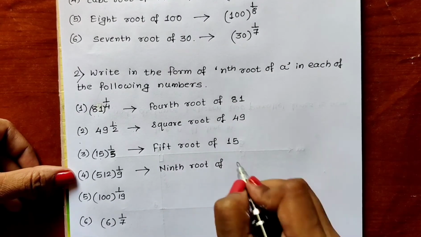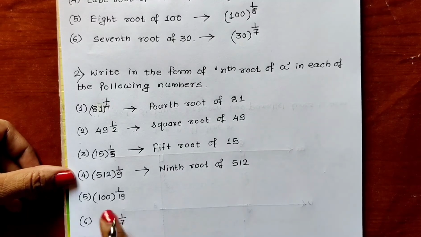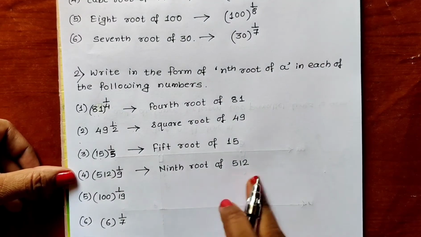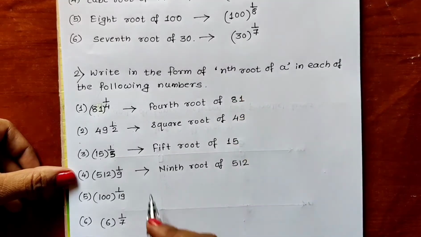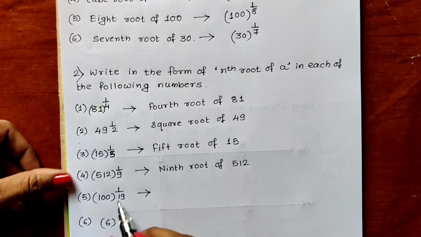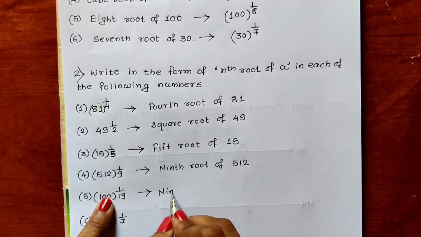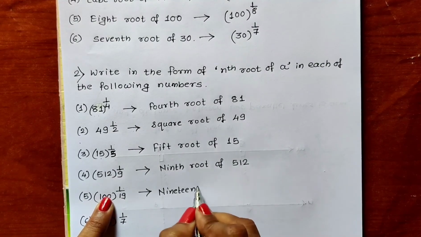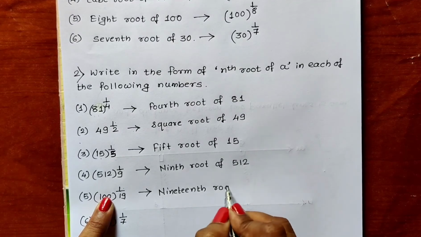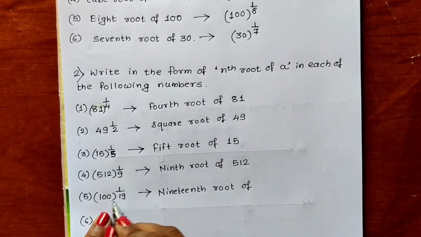Ninth root of 512. 512 is our base, so we write it in number form only. Now 1 upon 19 is our index. That means what? 19th root of, what is the base? Base is 100. 19th root of 100.